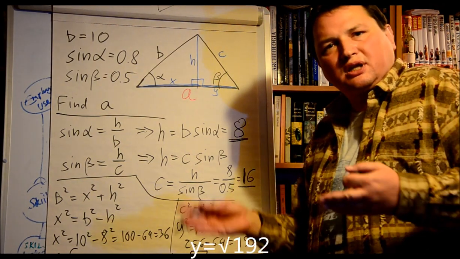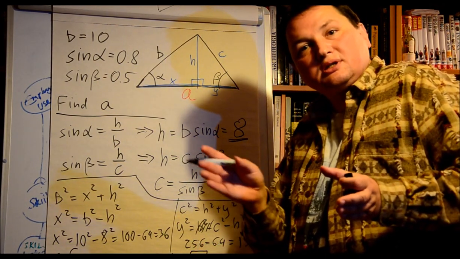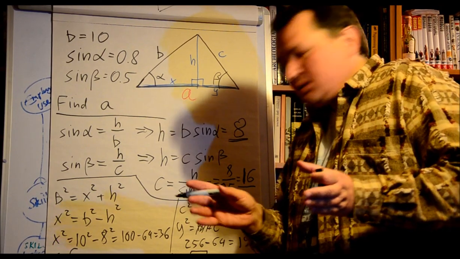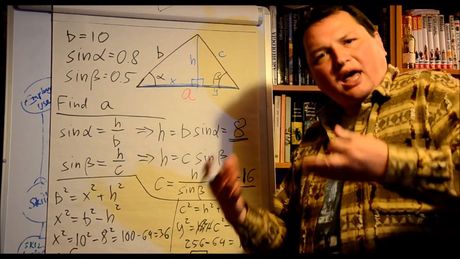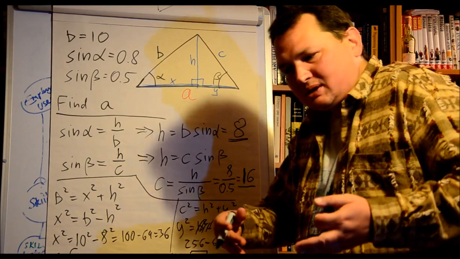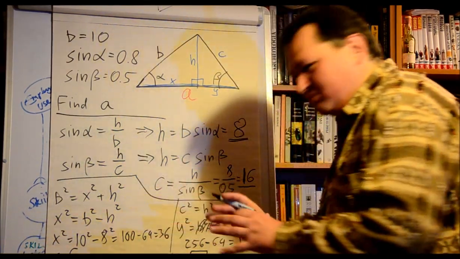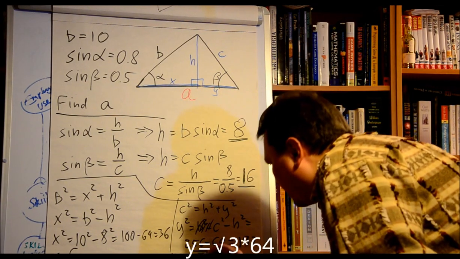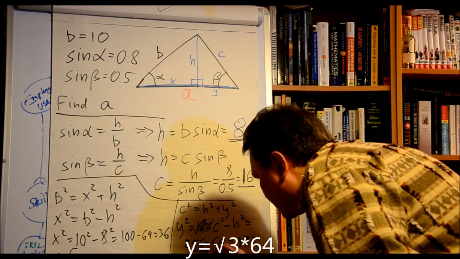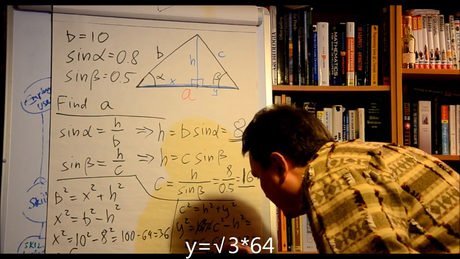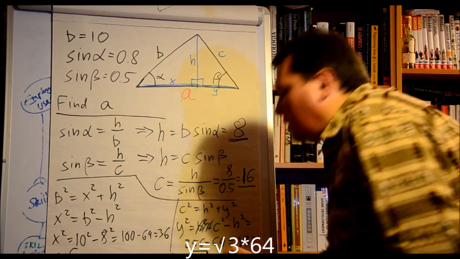192 is the same thing as 3 times 64. We actually don't have to do it, but it is just to allow to present the result in a slightly nicer way. So I will write here 3 times 64.